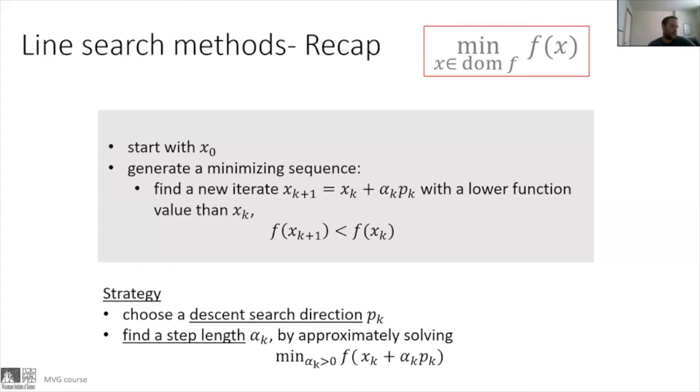So this strategy can be divided into two separate ideas. The first step is to choose the descent direction, which is pk, and the second step is to choose the scale of this direction.